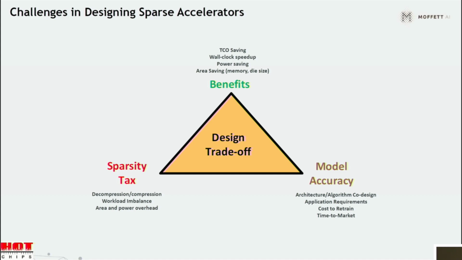Even if you have a very large number of tensor cores, if you don't design the sparsity pattern well, you have a very low utilization ratio. Also, all the sparsity support requires extra area and extra power, and these are all design trade-off parameters.